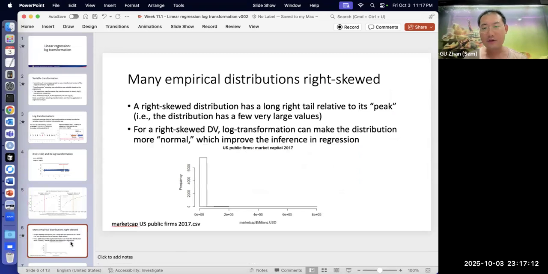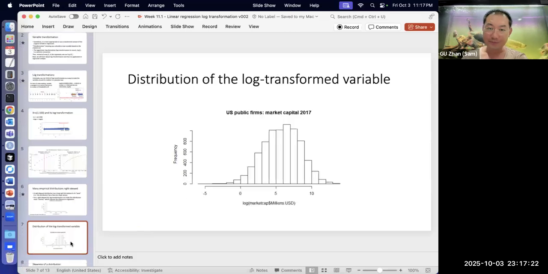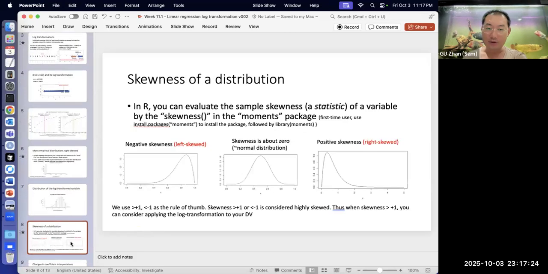Next, if you notice a distribution is right skewed, you have reasonable ground to apply the log transformation. One rule of thumb is if the skewness is greater than 0, it's right skewed.